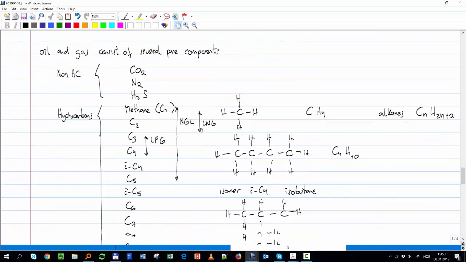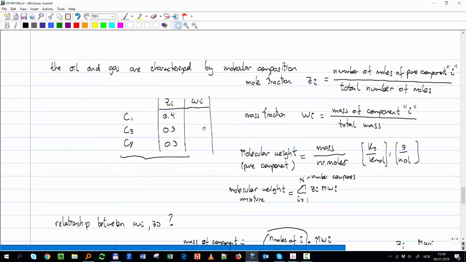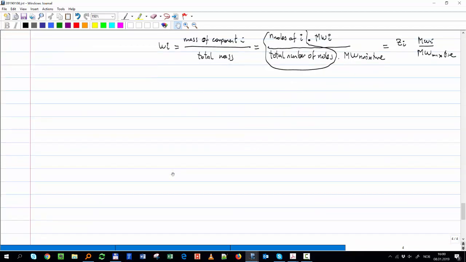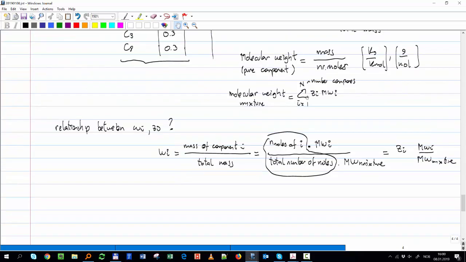And then we went into how we characterize that mixture, with mole fraction or mass fraction. In the next class we are going to see what tools we use to calculate the splitting: for a certain composition, how much oil and how much gas we have.